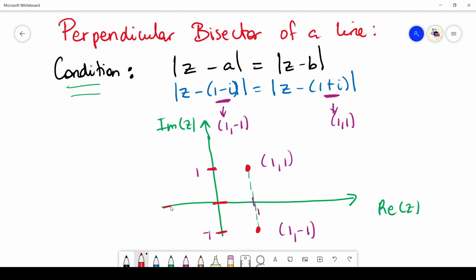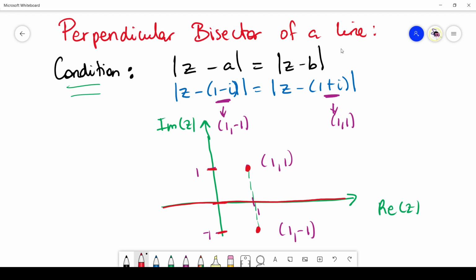So the diagram that represents the condition of two moduluses being equal to each other, where we have the complex numbers in each modulus, is represented by this horizontal line in red. This is the perpendicular bisector, okay, of a line, right?